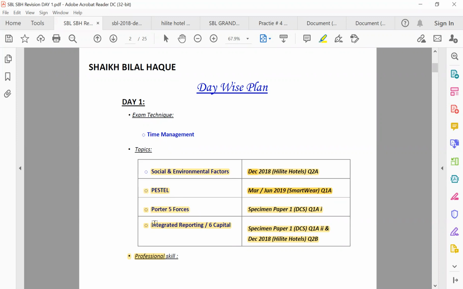Tomorrow's class will also be at 6 o'clock. It doesn't matter if we take 7 days instead of 6 days. No issues at all. But we will be completing the entire SBL course, and we will be going through two mock exams. We have done ample practice from day one. Now I'll be moving to day two, and then specifically day three, day four, and day five.